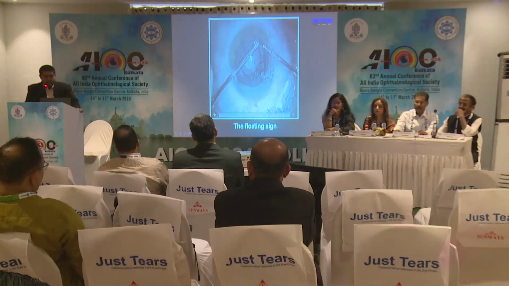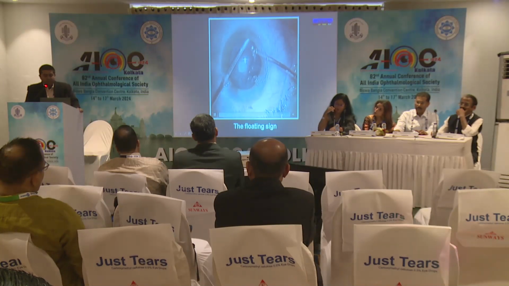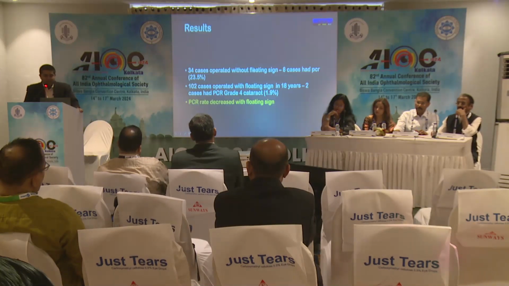Again, to demonstrate the same sign, after managing the nucleus, just do this hydration passively. The fluid goes between the posterior capsule and the cortex and lifts up the capsule because there is enough space anteriorly.